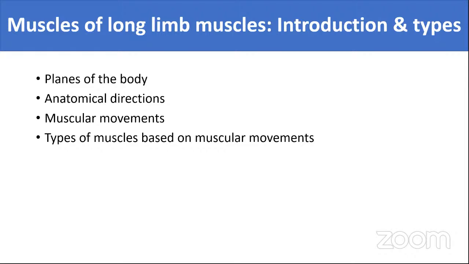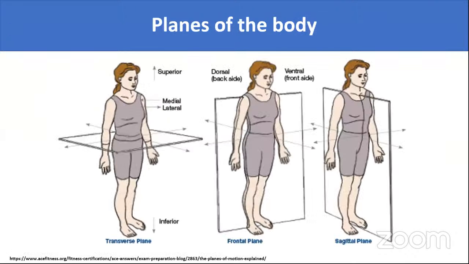Planes means these are imaginary lines or imaginary planes. So within the body there are three basic planes. One is the transverse plane, another one is the frontal plane, and the third one is the sagittal plane. Frontal plane is also called the coronal plane, whereas transverse plane is also called the axial plane.